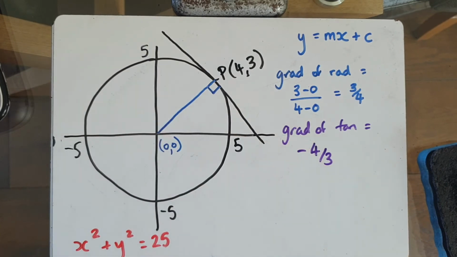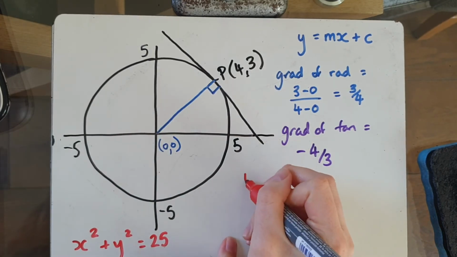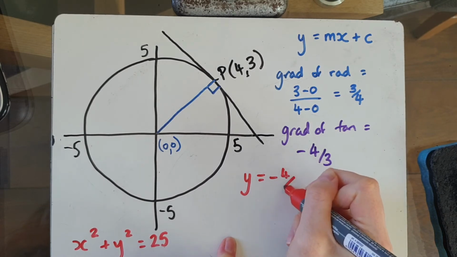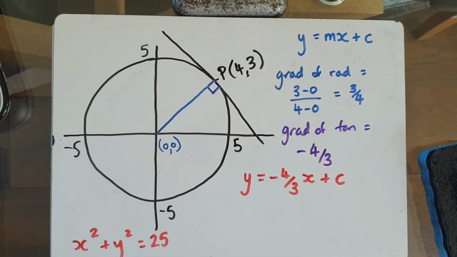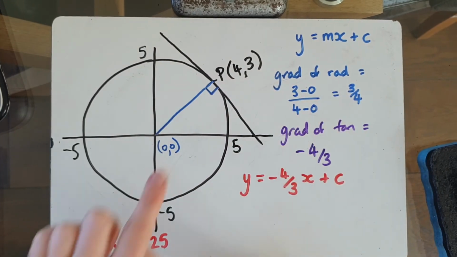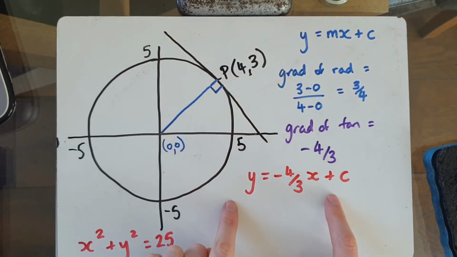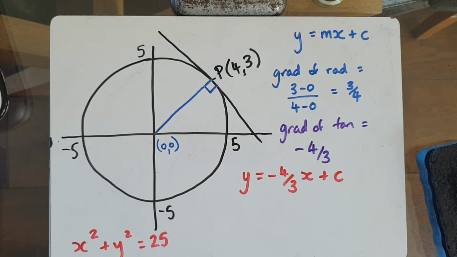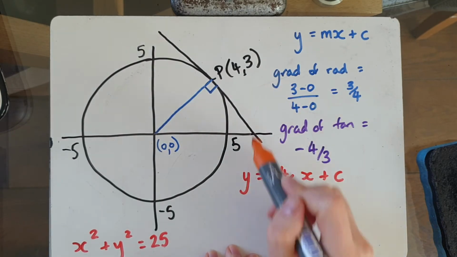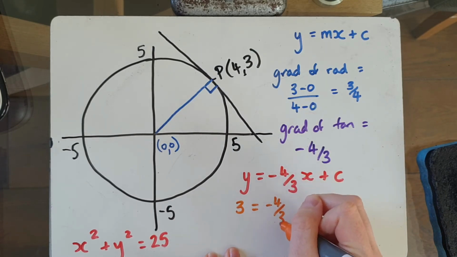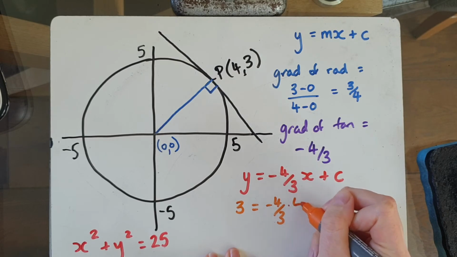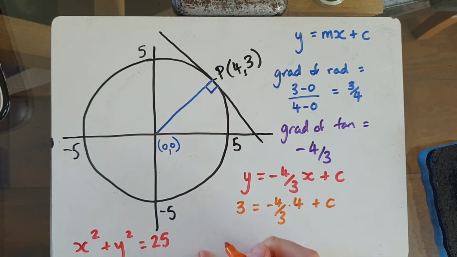So I now know that the tangent has equation y equals -4/3, that is m, times x, plus some constant. Still need to find what this constant is, and I can do that by plugging in this point. This point lies on the tangent, so it has to satisfy this equation. So I'm going to plug that in. Y is 3 equals -4/3 times x, which is 4, plus some constant.